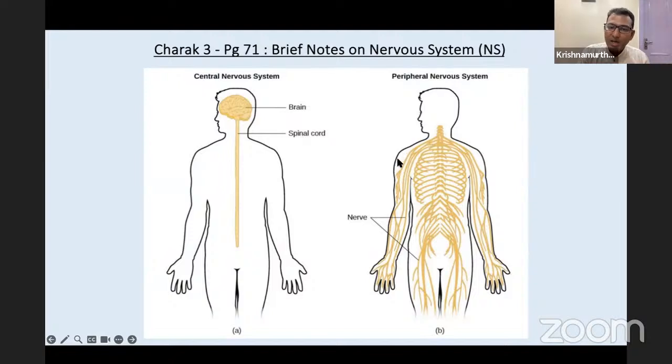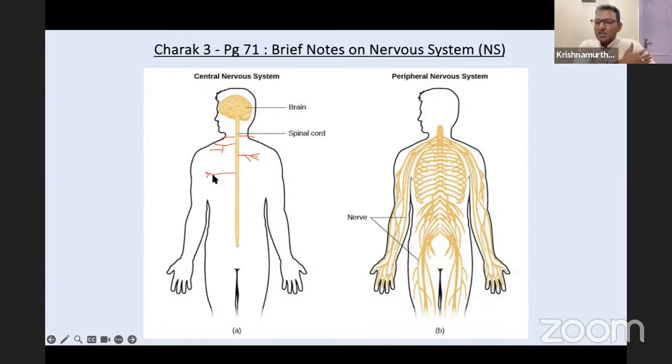So the branching part, it has to branch, right? This kind of branching is called what? All the branches are called peripheral, because it is from the center, moving towards the periphery.